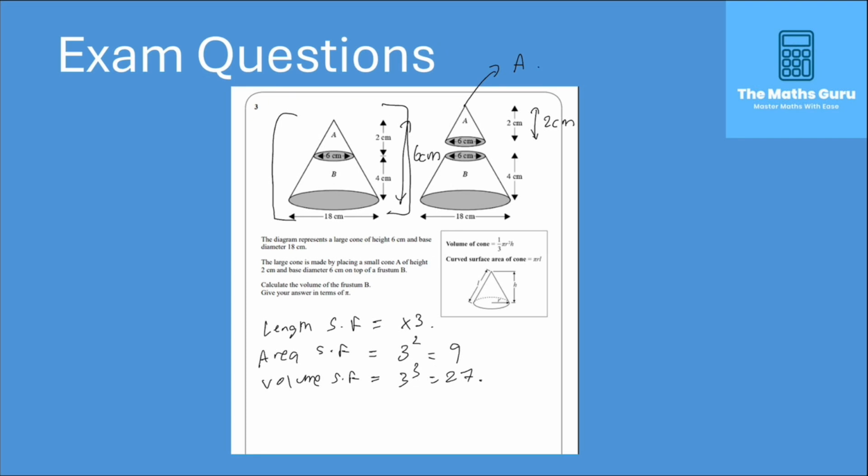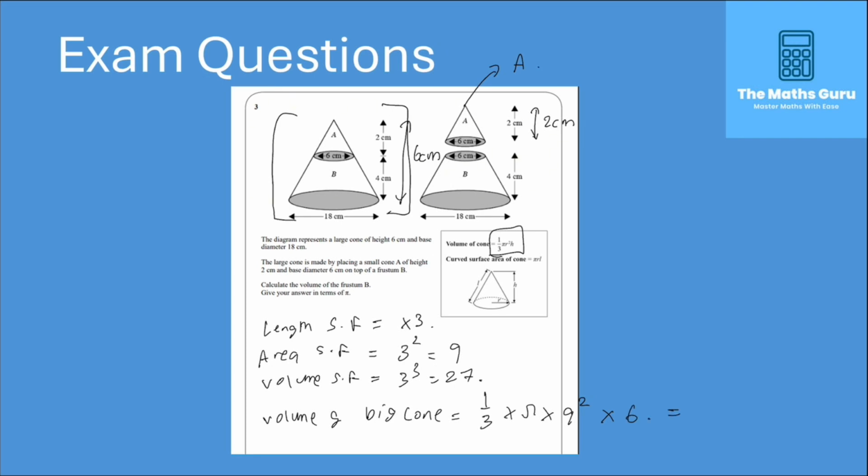Now we can work out the volume of our big cone. So the volume of our big cone is equal to, using our formula right here, 1/3 times pi times 9 squared times 6.